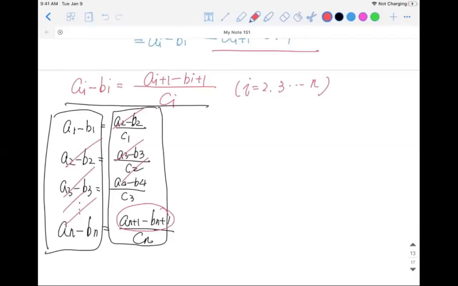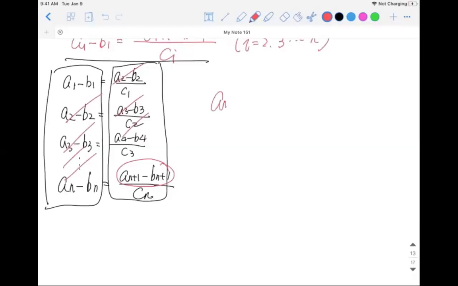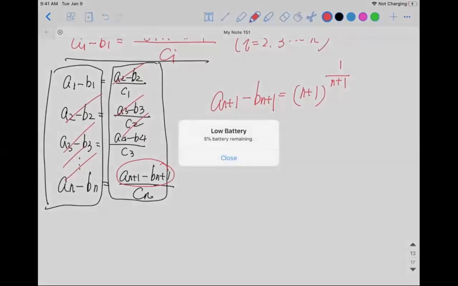So you're going to have A_{n+1} - B_{n+1} equal to (n+1) to the power of 1 over n+1. Okay? So far, so good?